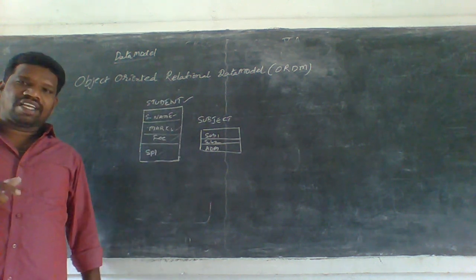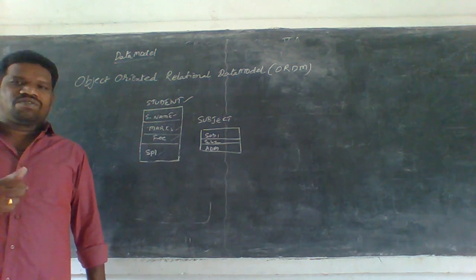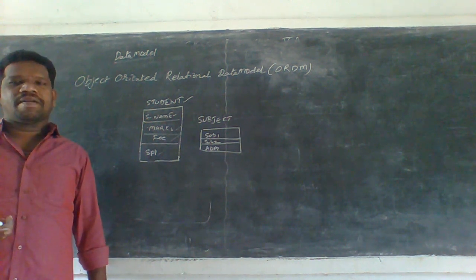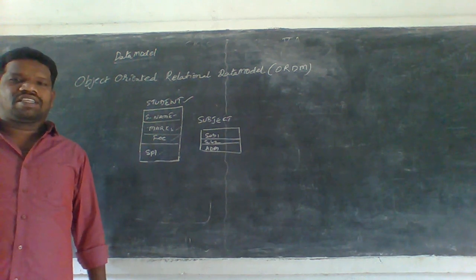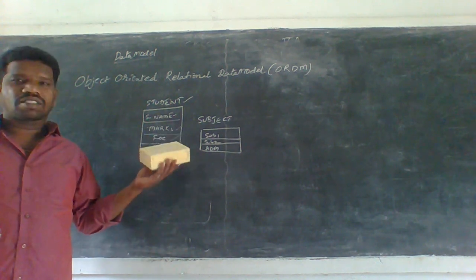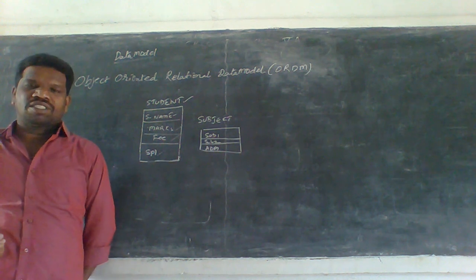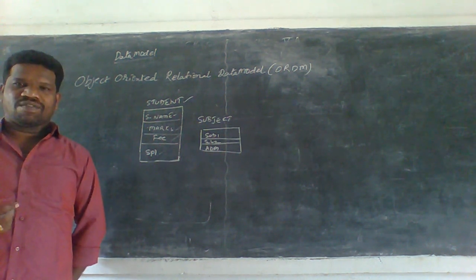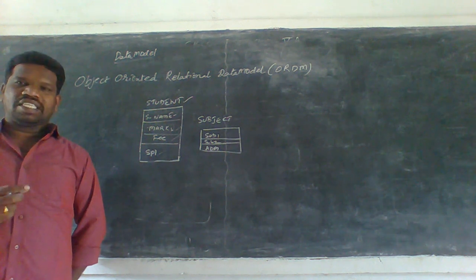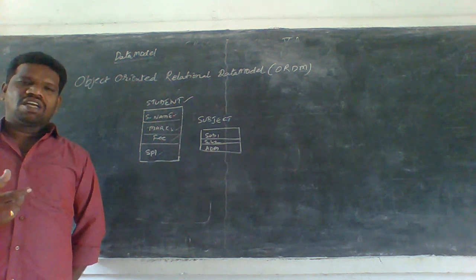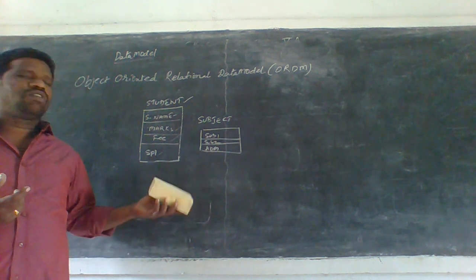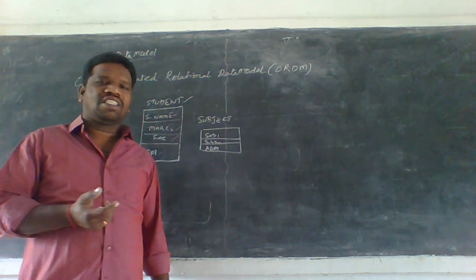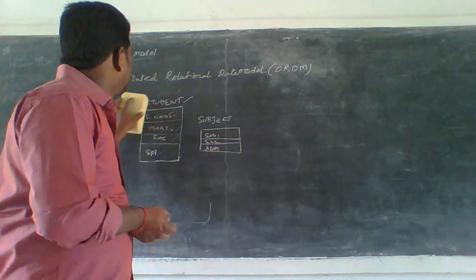Students are there: degree students, first year students, second year students, BSc, BCom, BCA, BBA. Students are a logical execution, but Raju, the student, is a physical existence in the real world.